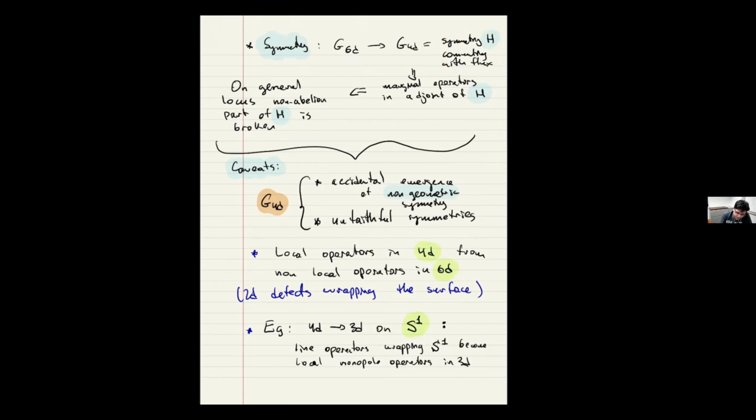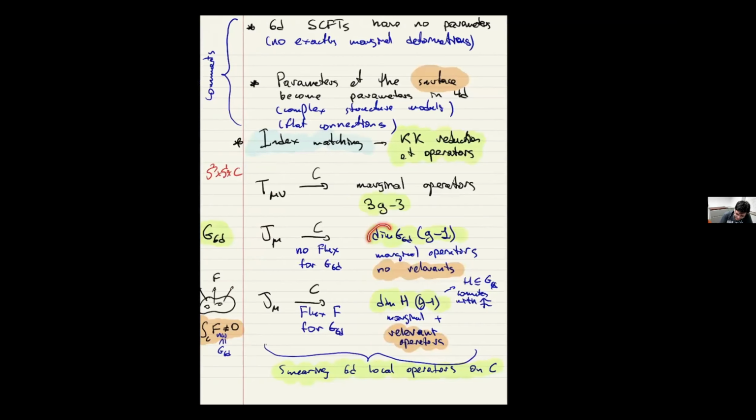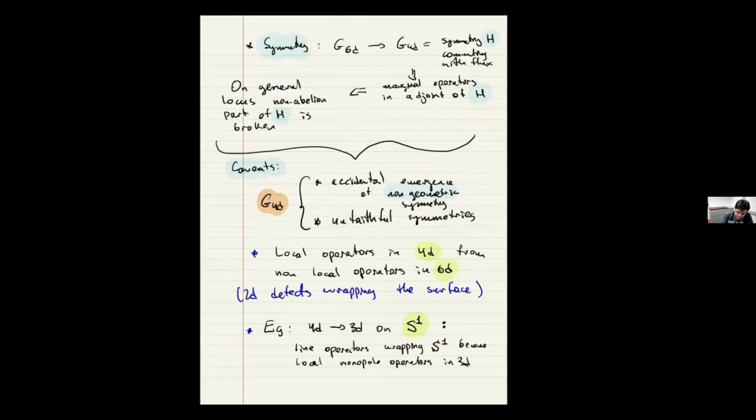In addition, the marginal operators that we have discussed are in a joint representation of the preserved symmetry, and they parameterize some conformal manifold. When we go on this conformal manifold, these symmetries are broken. So generically, we preserve some subgroup of this 6-dimensional group in 4 dimensions.